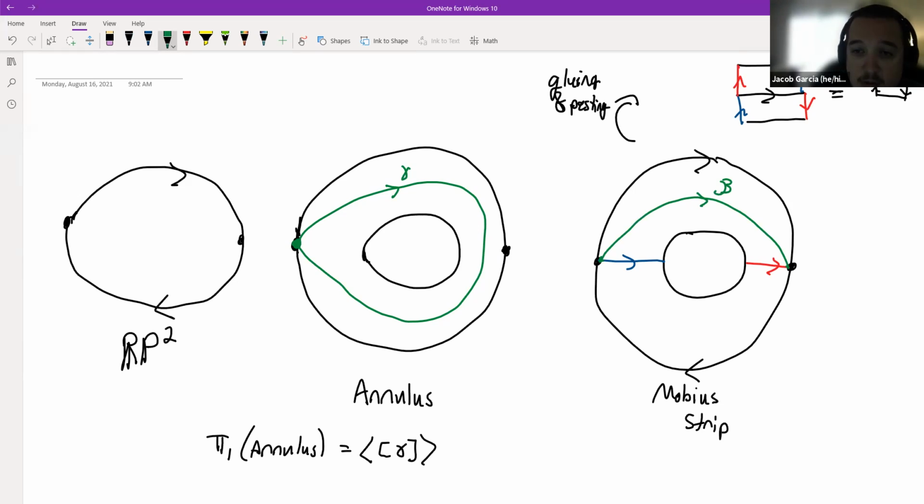And if I follow the gluing and pasting that I did here, I'm going from this corner to this corner as beta.